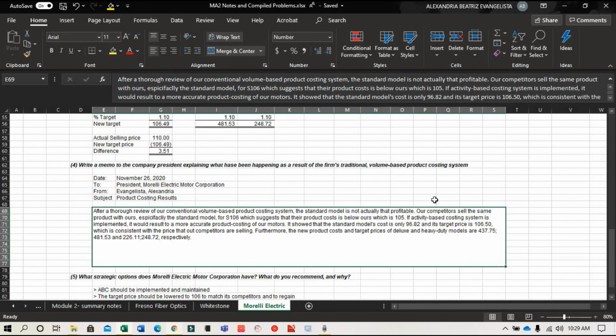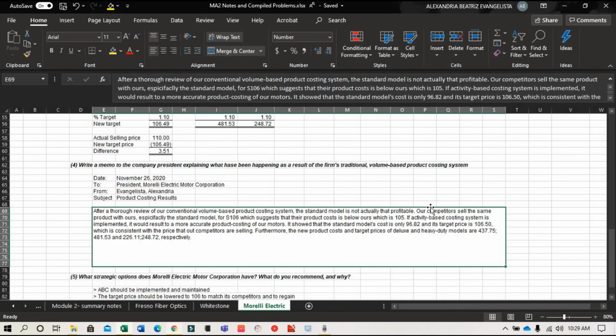If activity-based costing system is implemented, it would result in a more accurate product costing of our motors. It is shown that the standard model's cost is only 96.82 and its target price is 106.50, which is consistent with the price that our competitors are selling.